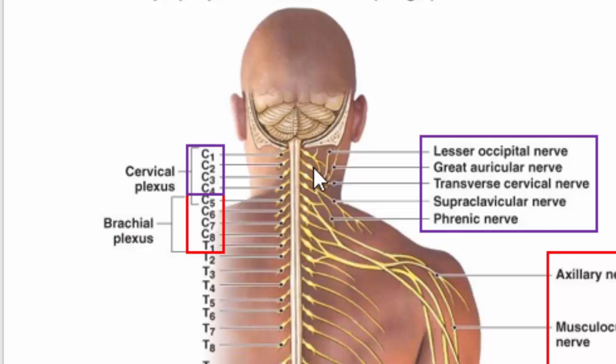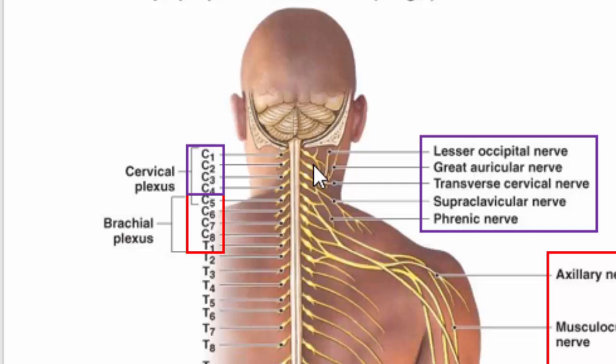You can see that some of these spinal nerves, as they start to move distally away from the spinal cord, have some of their fibers blend with the neural fibers from nearby cord levels, and that's what we refer to as a plexus. So a plexus is a blending together of neural fibers as those spinal nerves work distally away from the cord and toward peripheral tissues.